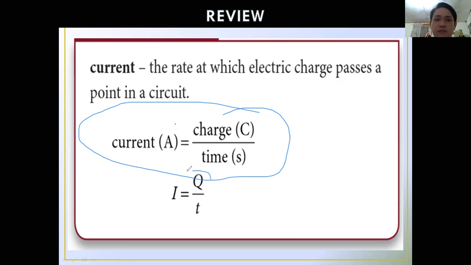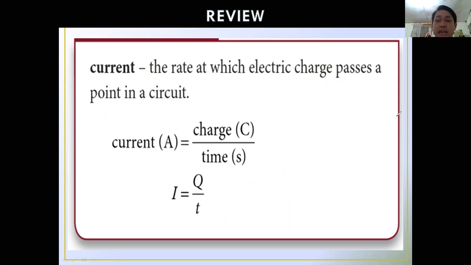It can also be denoted in this formula: I is equal to Q over T, where I refers to your electric current, which is measured in ampere or amp, Q signifies your electric charge, which is measured in coulomb, and time is measured in second. So this is the formula that we can use to solve for electric current. I hope you'll be able to remember this one.